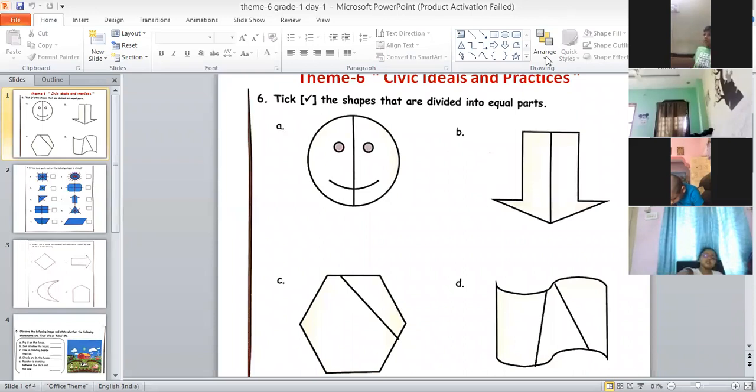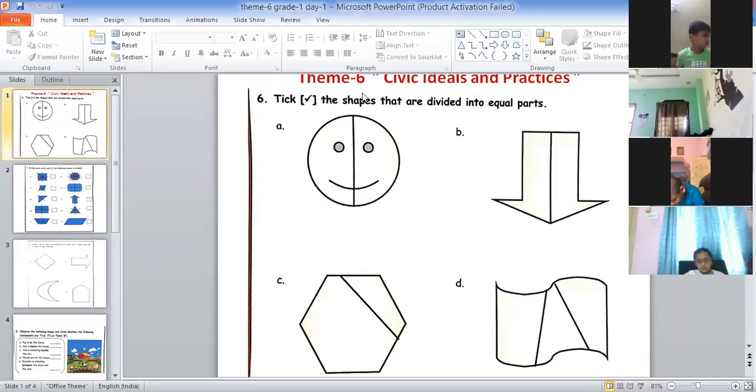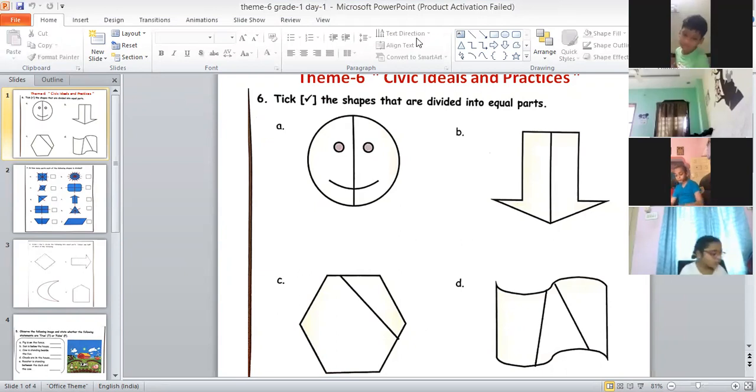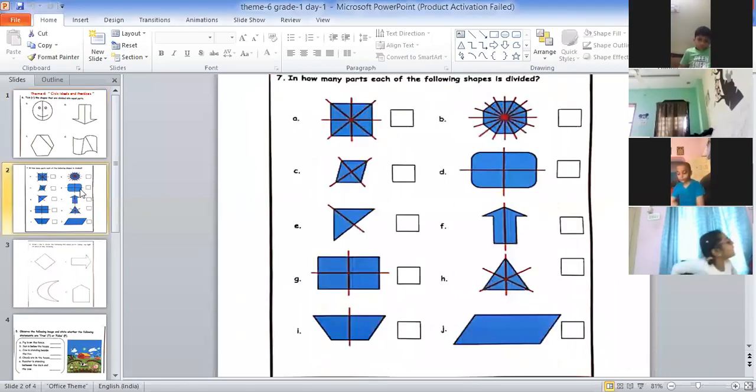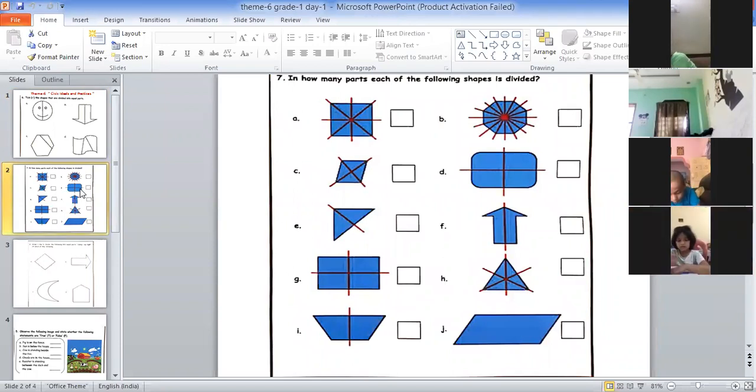Okay, children. Now I want you all to open page number 4 of your math course book. Write date and class work on page number 4. Now what you have to do is you have to count into how many equal parts the given shape is divided.